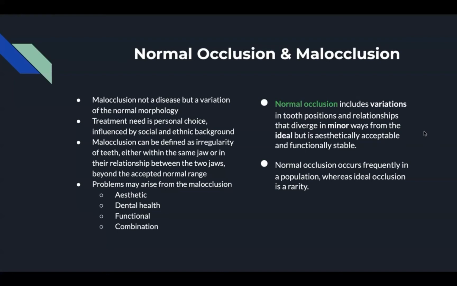Then what is a malocclusion? Malocclusion is not a disease, but a variation of normal morphology. So we should not treat patients as though they come with anomalies or are abnormal. There are a lot of people suffering from crowding and other problems, but for them it is completely okay.